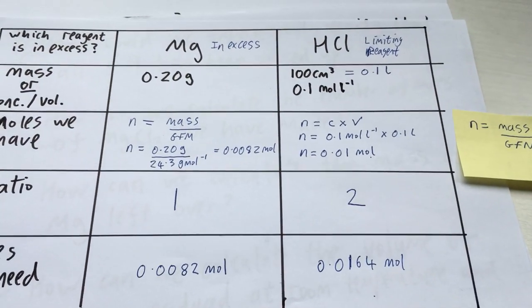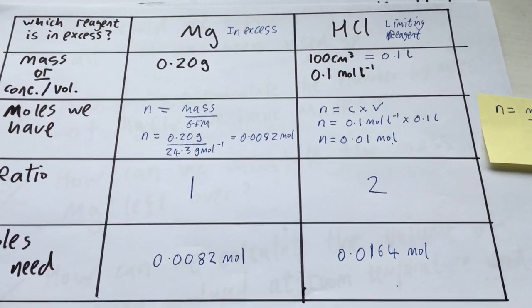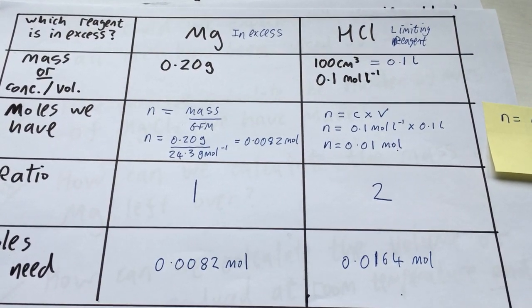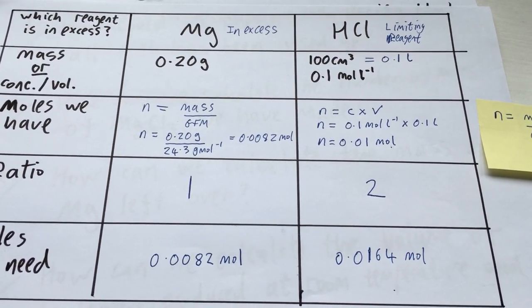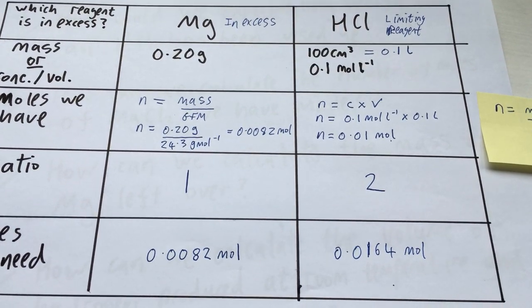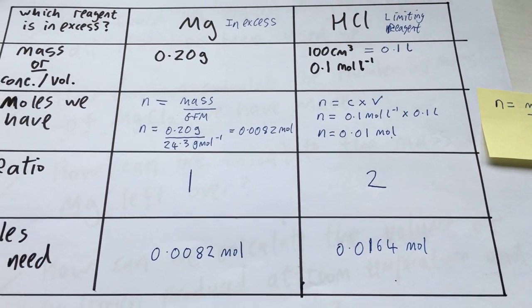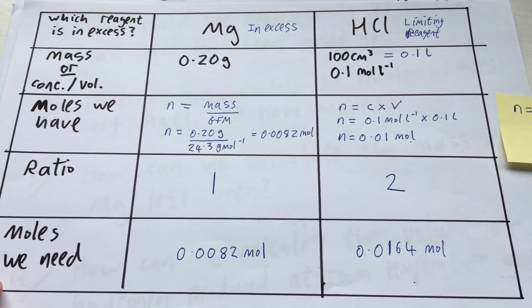So all of the hydrochloric acid is going to be used up, but some of the magnesium is going to be left over. It's in excess. That's how to do that calculation.